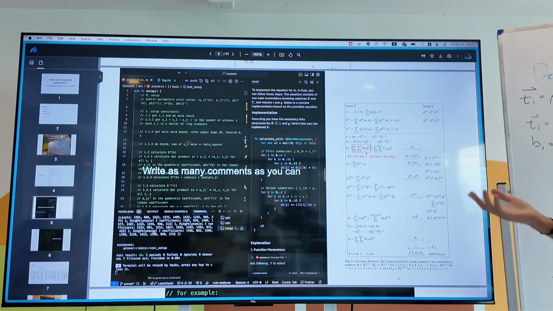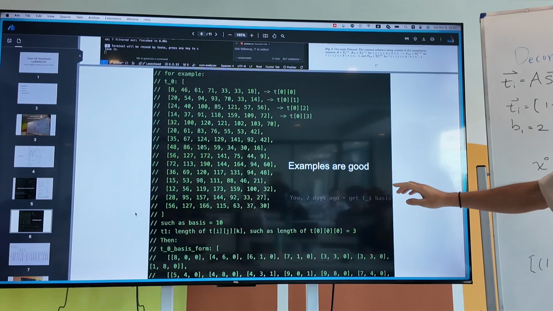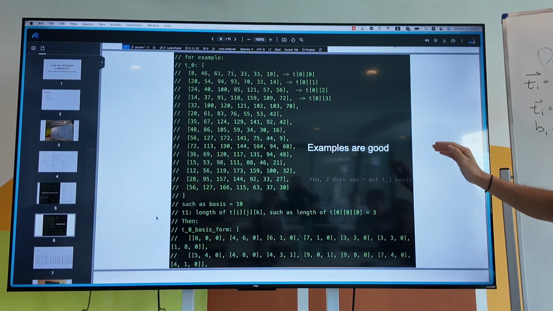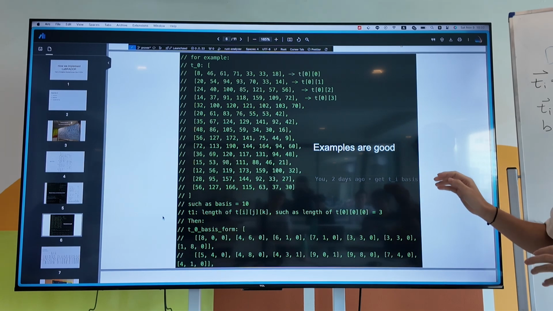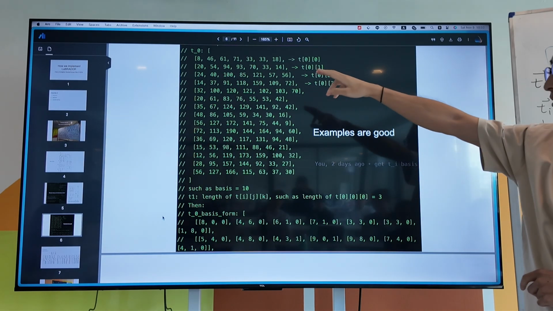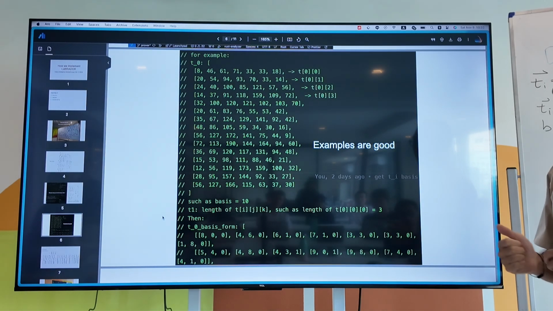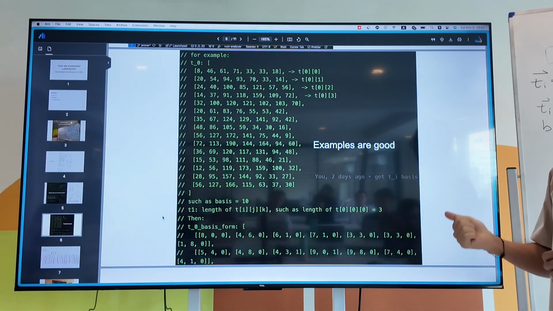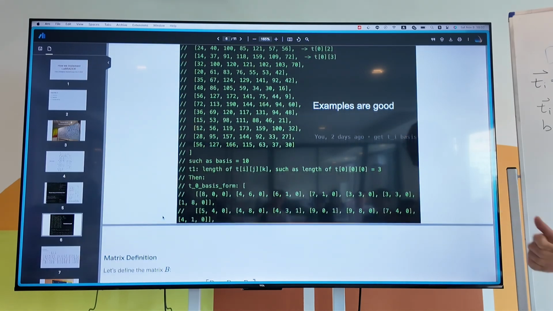If you don't know, you make some examples, such as this data structure. It's very complex. This is just T0; actually T has more complex data than this. If you have example data, it will help you code.